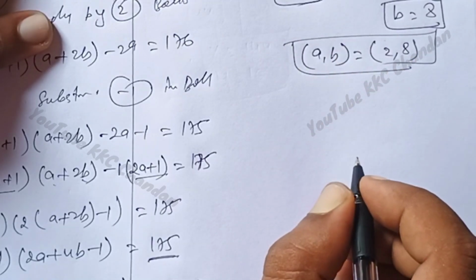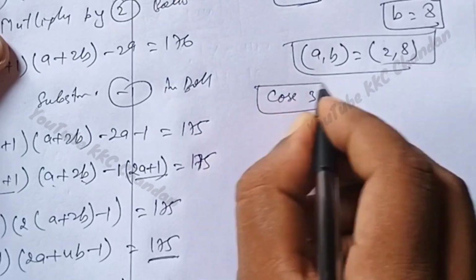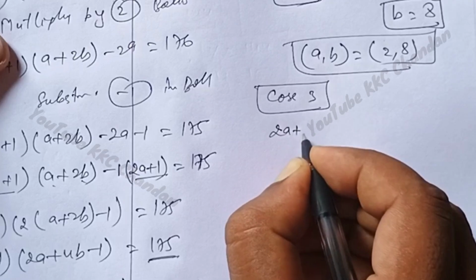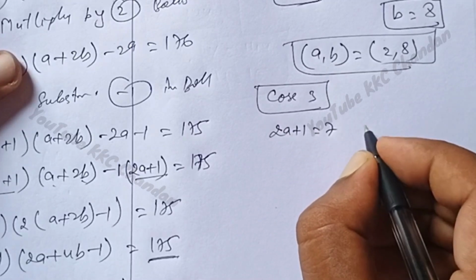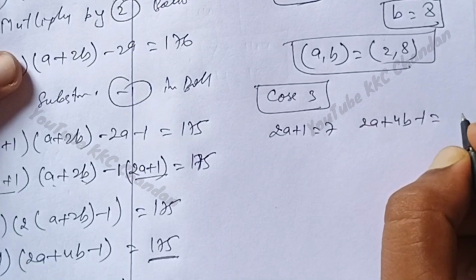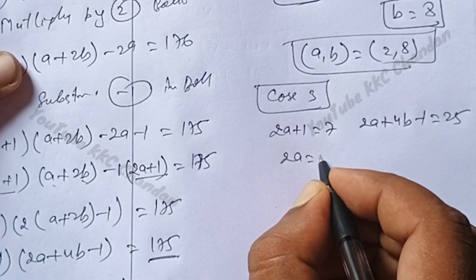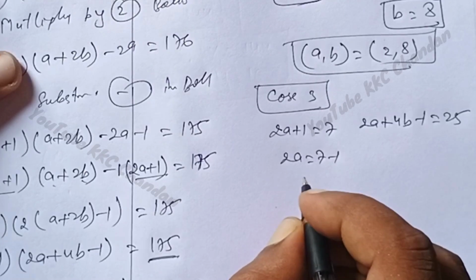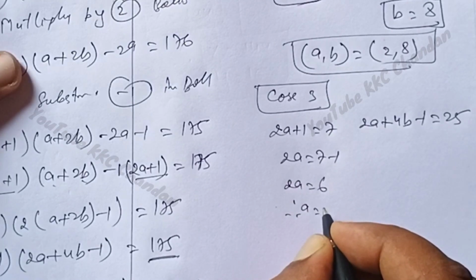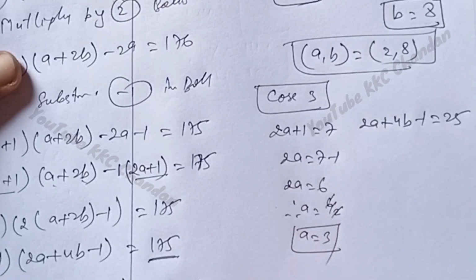Case 3: 2a plus 1 is equal to 7, and 2a plus 4b minus 1 is equal to 25. Therefore 2a is equal to 7 minus 1, 2a is equal to 6, therefore a is equal to 6 divided by 2, a value 3.